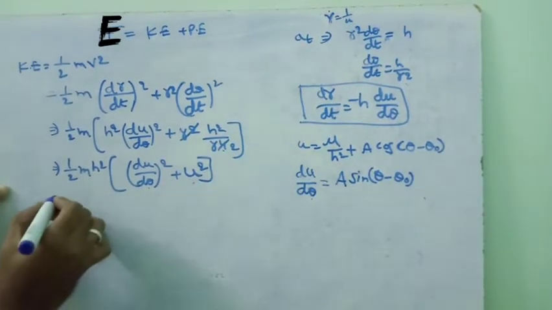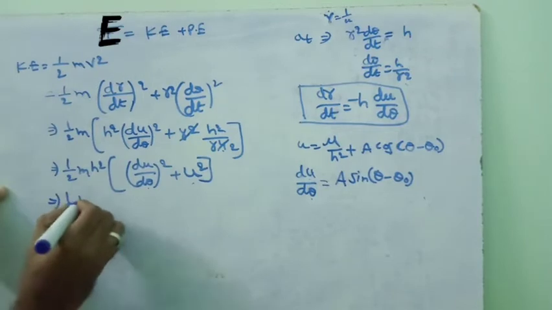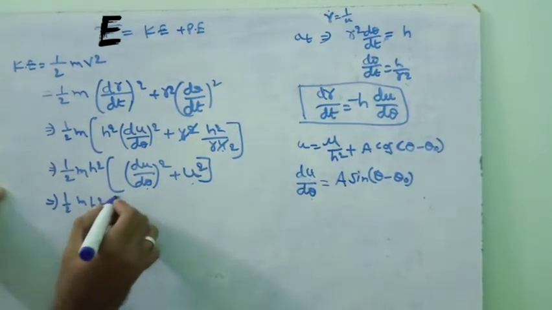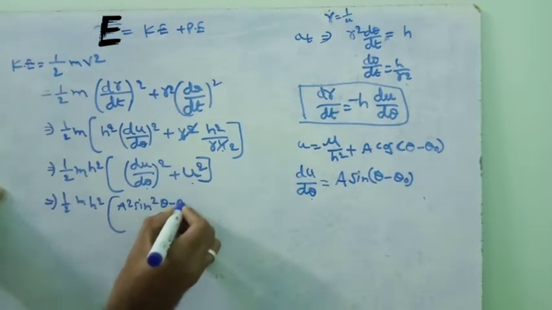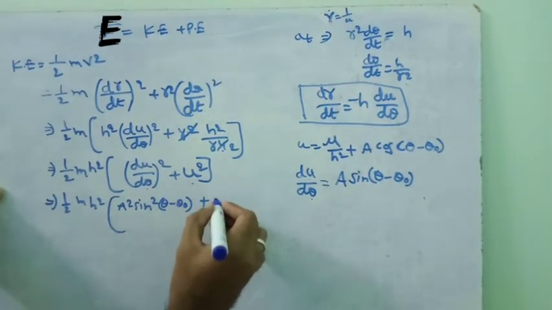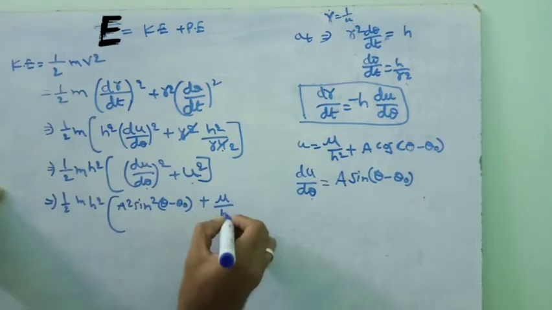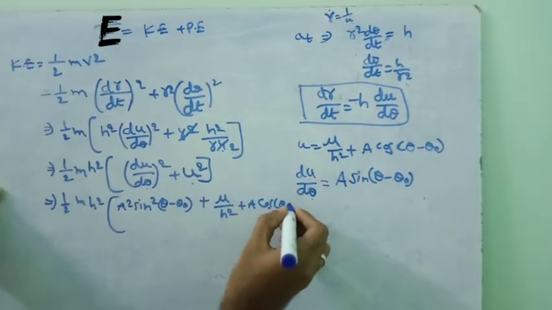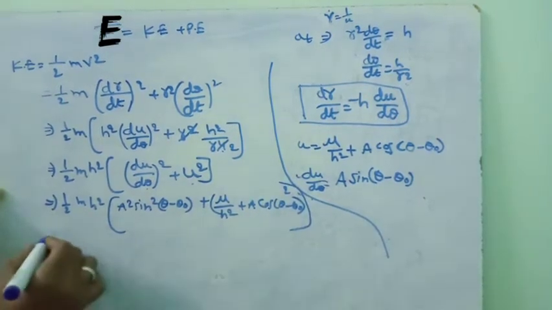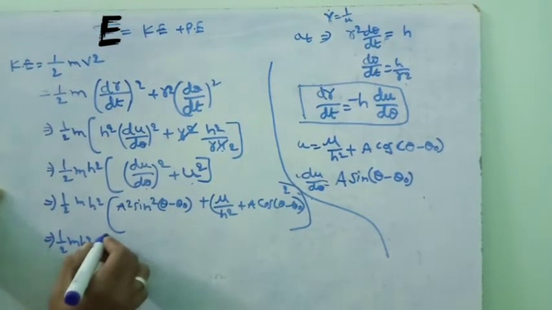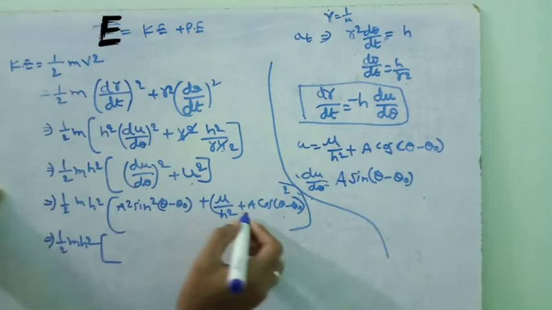Substituting these values here, we get half m h square into du by d theta whole square, so a square sin square theta minus theta naught, plus u square, where u means the complete value, mu by h square plus a cos theta minus theta naught, whole square. Here this is in the form of a plus b whole square.